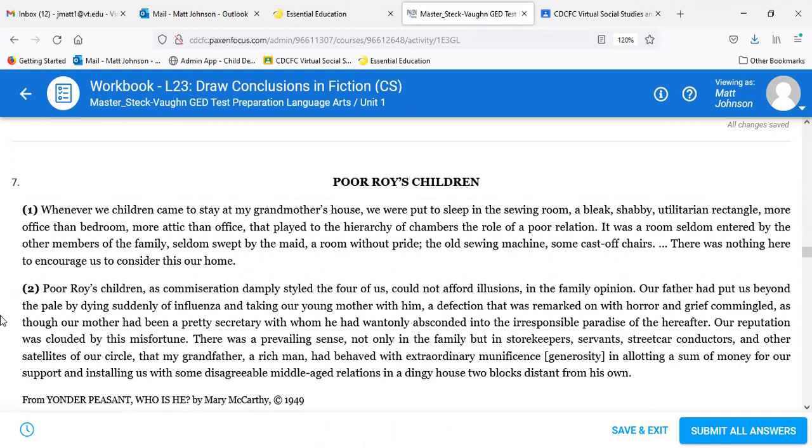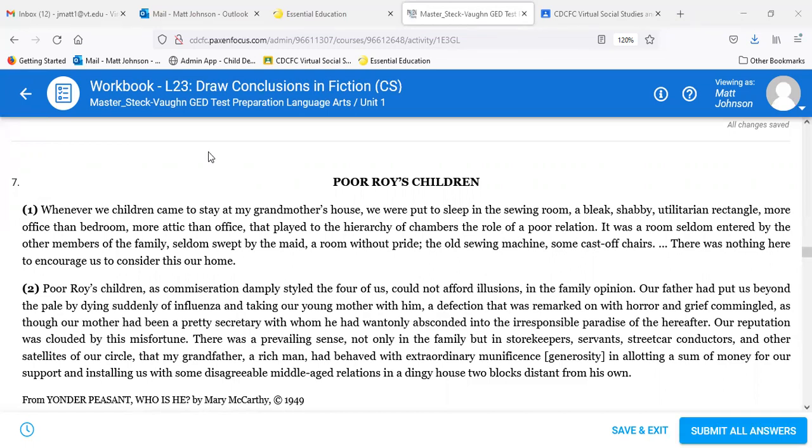Okay. Poor Roy's children. Whenever we children came to stay at my grandmother's house, we were put to sleep in the sewing room. A bleak, shabby, utilitarian rectangle, more office than bedroom, more attic than office, that played to the hierarchy of chambers the role of a poor relation.